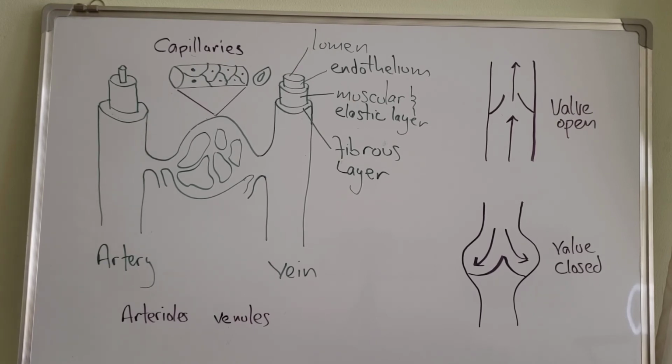And also, before I end, I'd like to talk a little bit about the arterioles. I mentioned that the muscular layer is present in the arterioles as well as the arteries and veins, and they allow the blood vessels to restrict blood flow through them. This is helpful, especially in homeostasis when it comes to temperature control. When we get too hot, we want to cool down, and one of the mechanisms that our body utilizes is redirecting the blood to our skin.